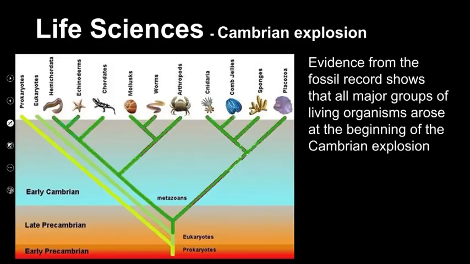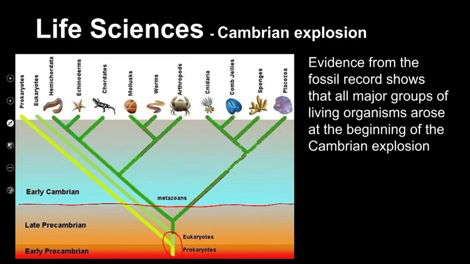Now, if we look at this timeline, this is 550 million years ago, which is when the Cambrian explosion started. Up till then, all of the organisms were either prokaryotic, unicellular, or eukaryotic, unicellular, and sometimes simple multicellular organisms.